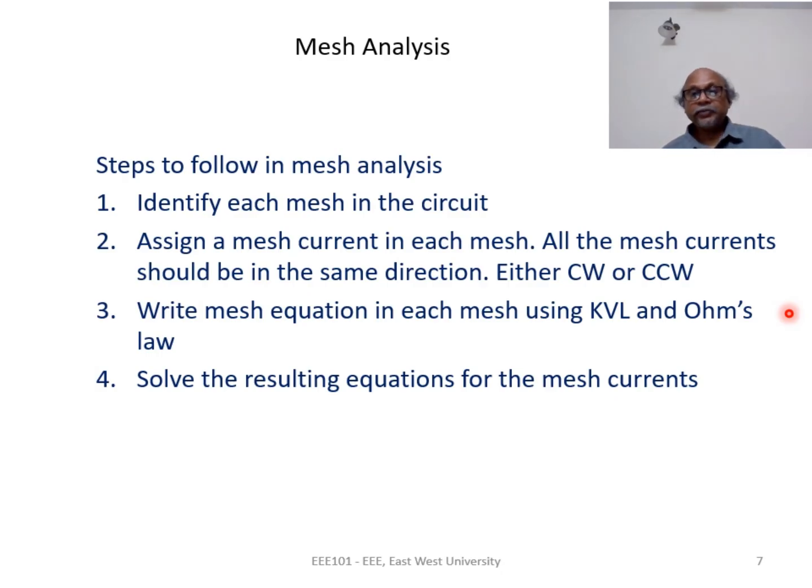However, all the mesh currents should be in the same direction, either all clockwise or all counterclockwise. Then we write the mesh equation in each mesh using KVL and Ohm's law by going in the direction of the mesh current. Finally, we solve the resulting equations to get the values of the mesh currents.